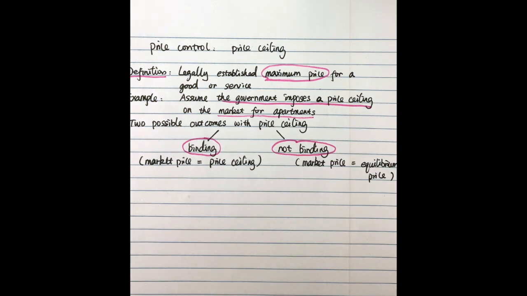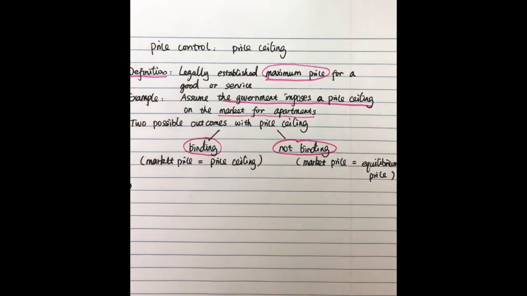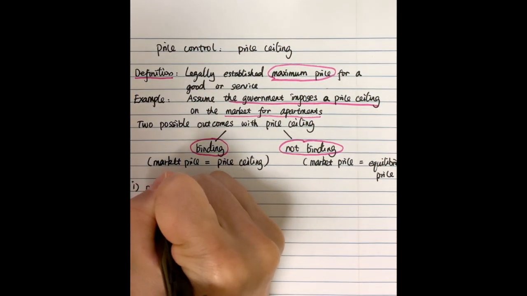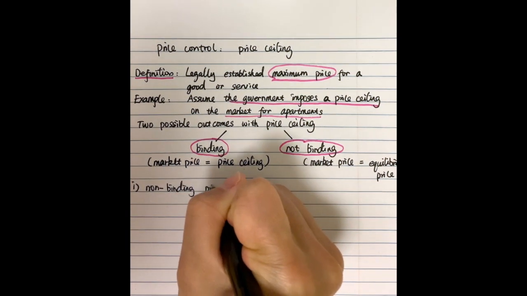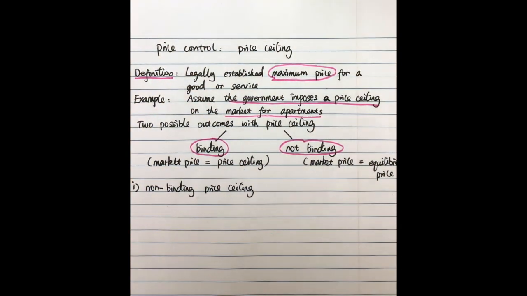Okay, so I will explain those two possible outcomes one by one. Now let's first begin with the non-binding policy, the non-binding price ceiling.